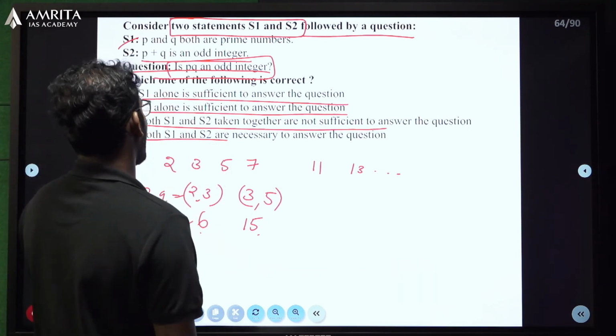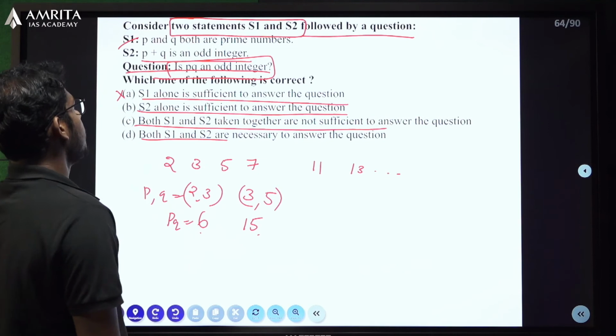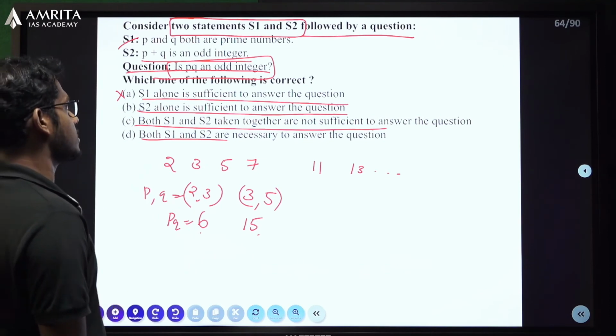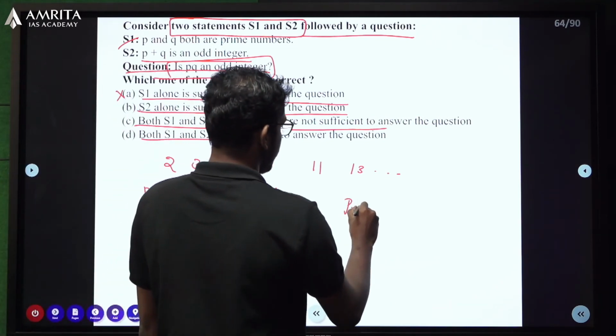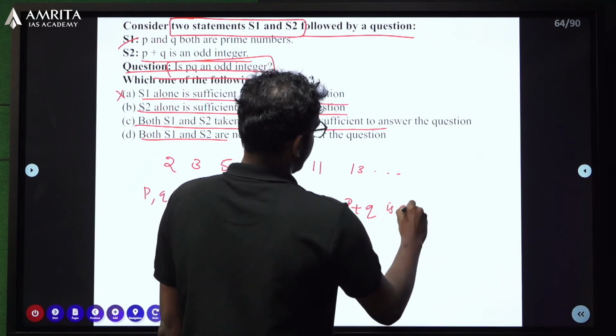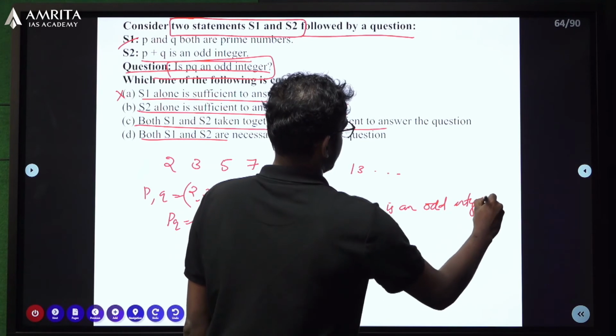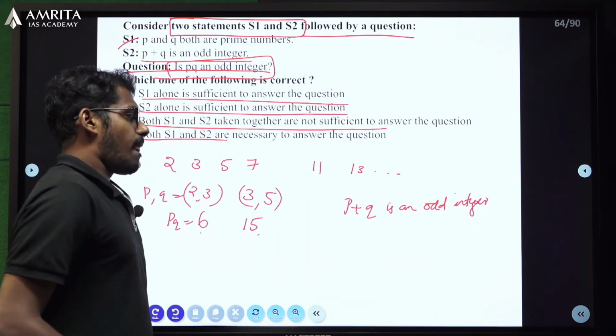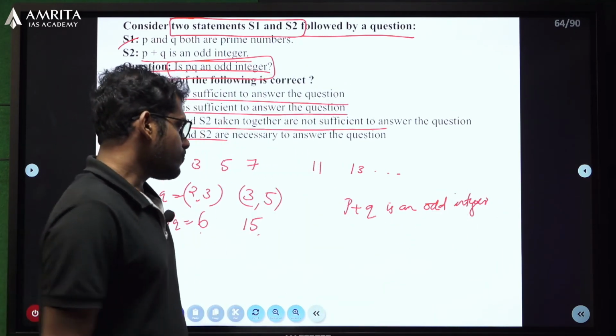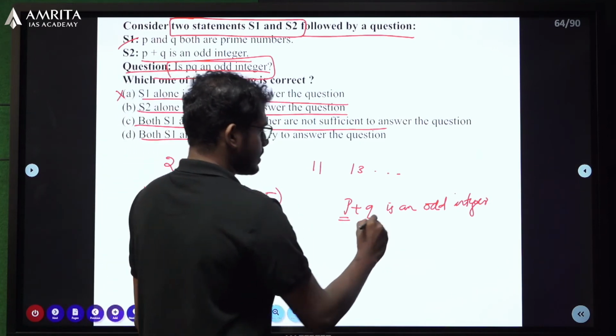Let's check S2 alone. S2 says P plus Q is an odd integer.